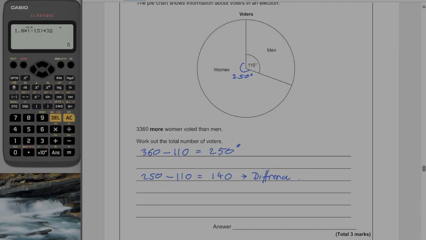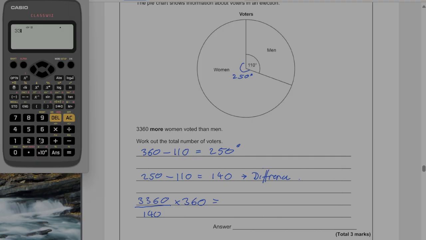So if I do 3,360 divided by the difference, which was 140, that will tell me how many voters each angle is worth. So if I times it by 360, that will tell me the total number of men and women that voted.